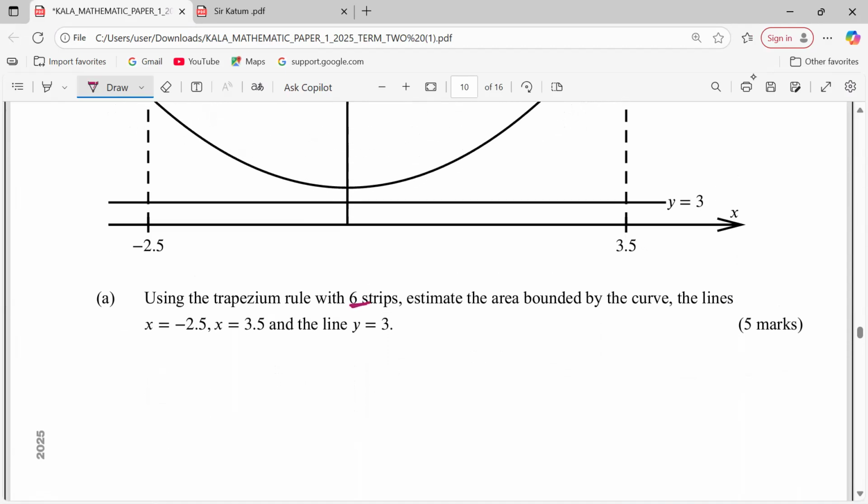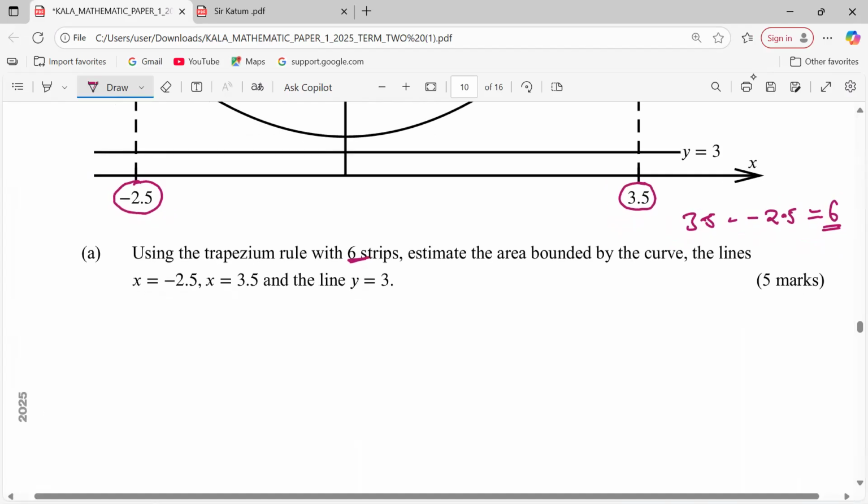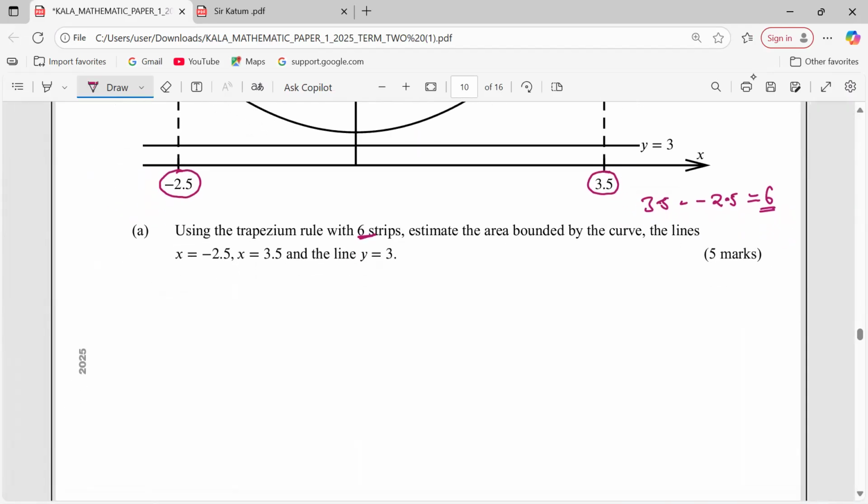So we check the range of values from negative 2.5 all the way to 3.5. 3.5 minus negative 2.5, I'm getting exactly 6. So for us to get 6 strips, we use intervals of 1 unit. So we start with the values of x, then the corresponding height of the curve.